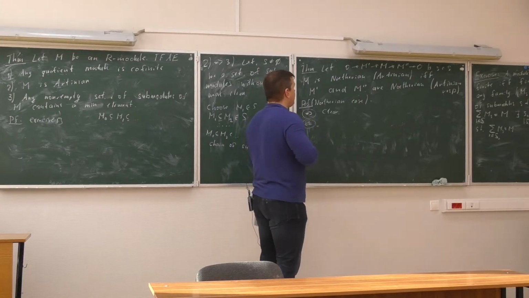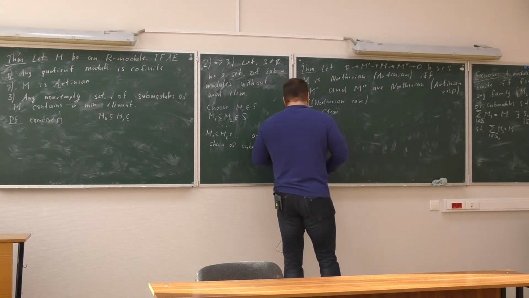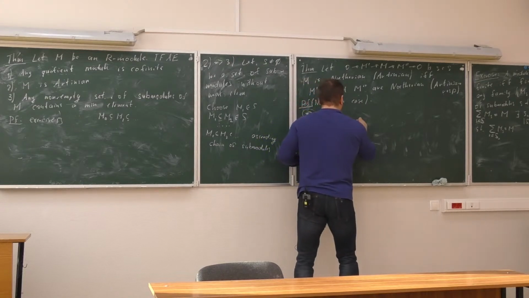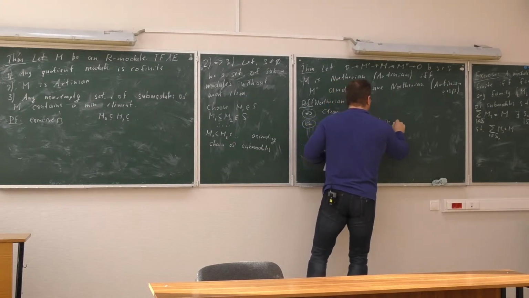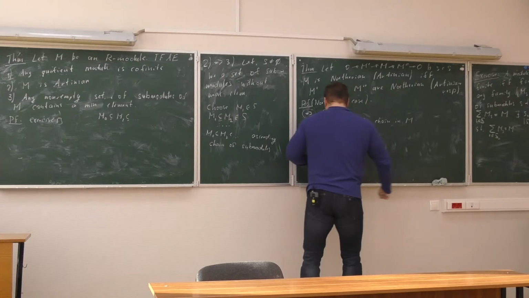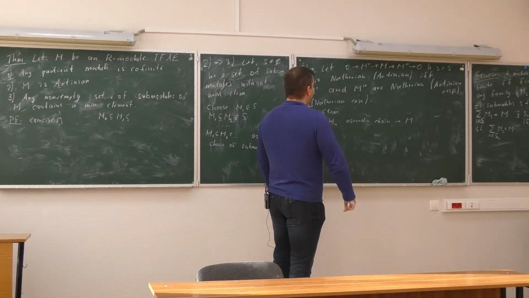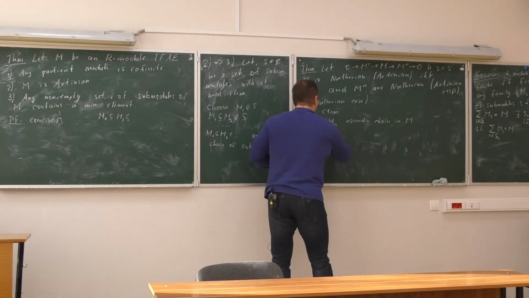Now we know that M' and M'' are Noetherian. We want to show that M is Noetherian. Well, let's take this M_n, an ascending chain in M. And we can form two ascending chains in M' and M'' respectively.